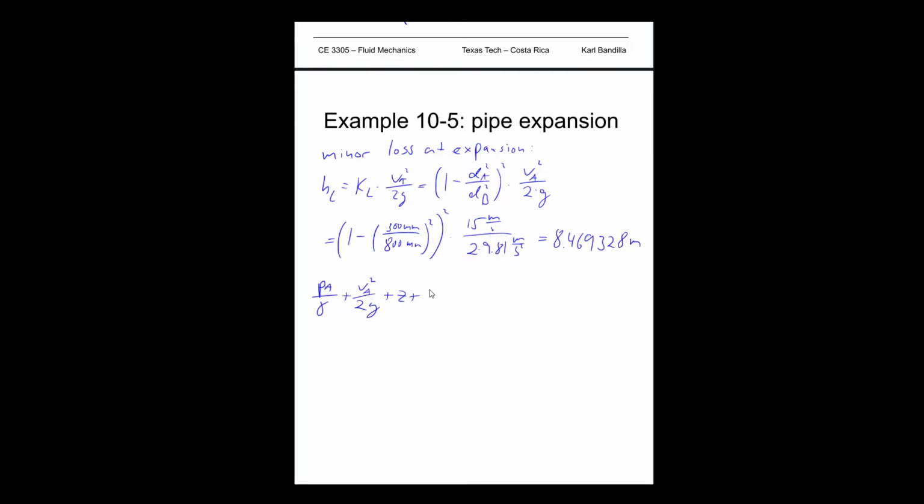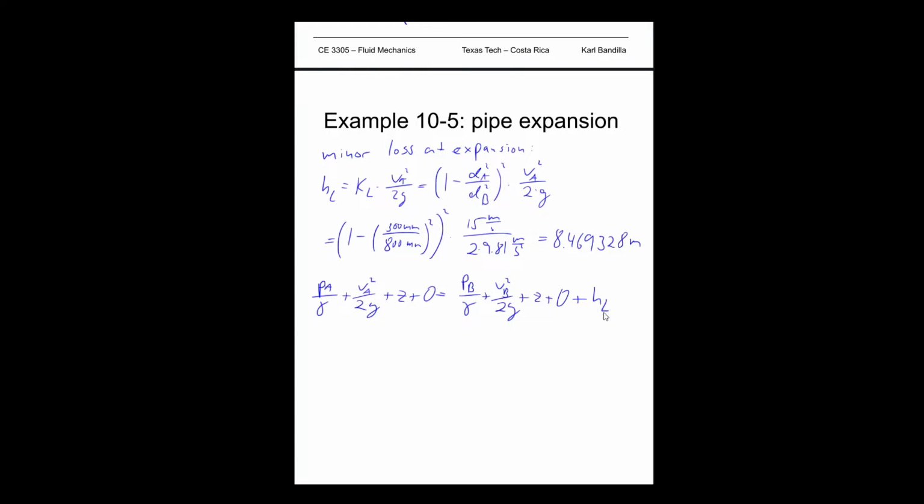We don't have anything from our pump. Equal to PB over gamma plus VB squared over 2G plus Z plus 0 from our turbine, and then plus HL.